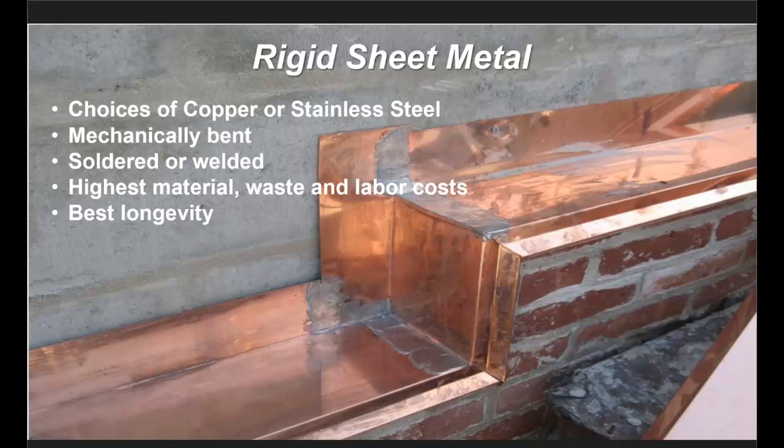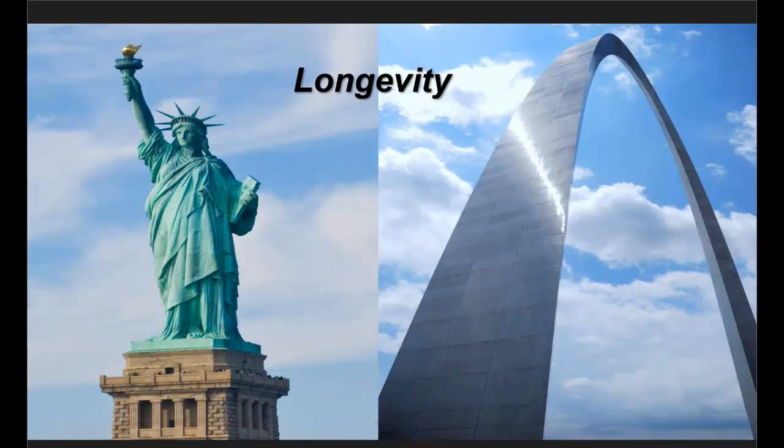If you list another option that's flexible, no contractor's ever going to use this. You're not going to get this in your specs or in your project. So the flexible copper and flexible stainless steel, you still get the longevity, and the contractors don't fight you because you're not having to bend this on a brake and solder and weld it. So it's installed like a flexible flashing, but you get the longevity that you want.